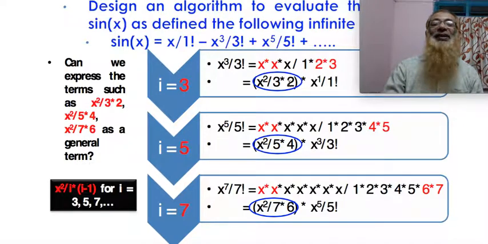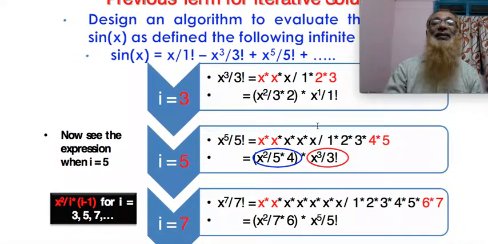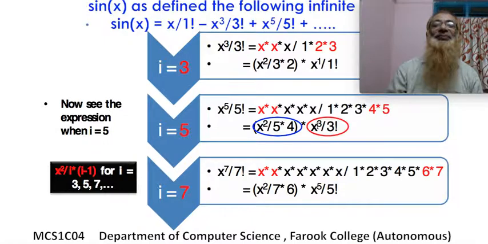Now let us see this portion. x^1 by 1 factorial, x^3 by 3 factorial, and x^5 by 5 factorial. How can these terms be generalized and related to each other? See the value here. Value of I is 5.